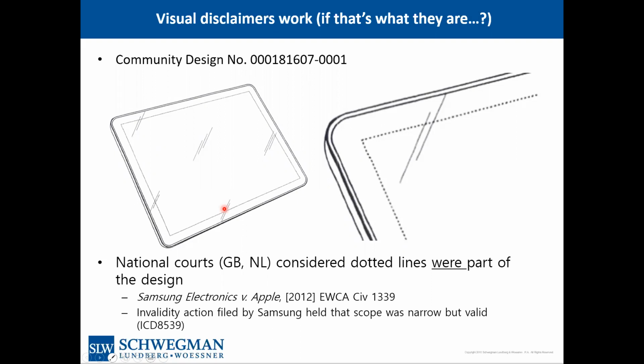The flip side of having a very narrow scope, so there was no infringement, was that the invalidity action also failed. The design was held to have individual character, albeit in a very narrow scope. So that was the iPad story.